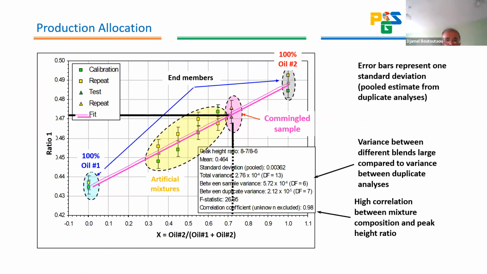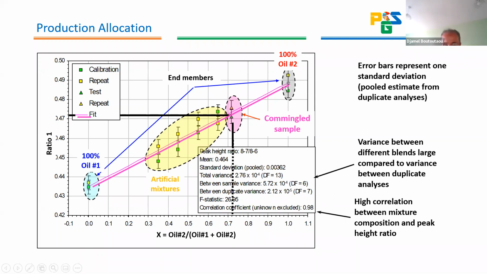And what we do, as I said, is take the end members. If you have an end member from the shallower reservoir and one from the deeper reservoir, in the lab we can mix known proportions of our oils 1 and 2. We mix them in different proportions, and we take an actual sample from the producing well, do our geochemical analysis, and compare between them.